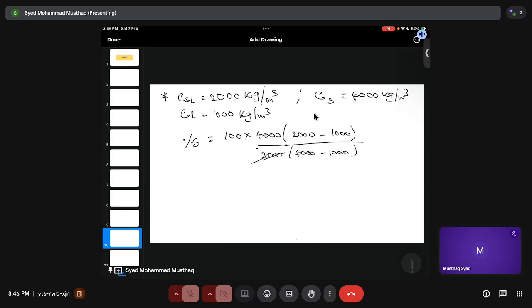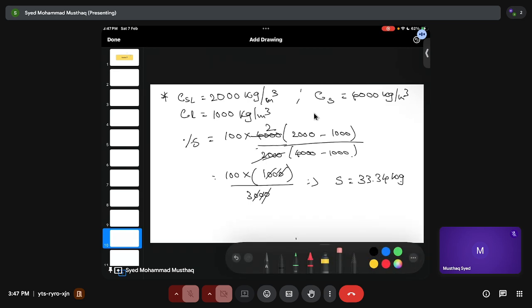So everything goes: 100 times 4000 times 1000 divided by 2000 times 3000. So the solid is 33.34 kg. Oh sorry, percentage, right? This percent.